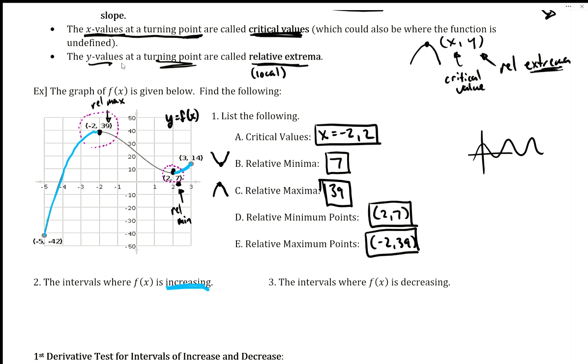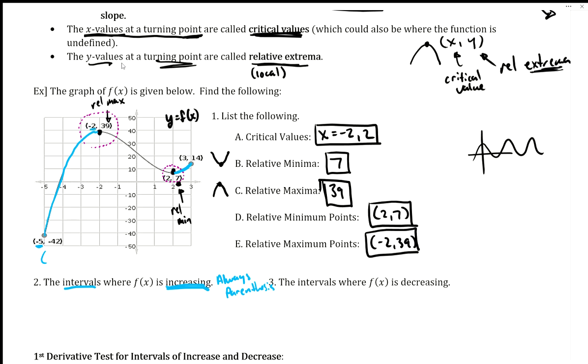Increasing and decreasing intervals always get parentheses, since it is an interval. Even though it's a solid dot on the left where it starts, we say it starts at -5 with a parenthesis, and stops at -2.